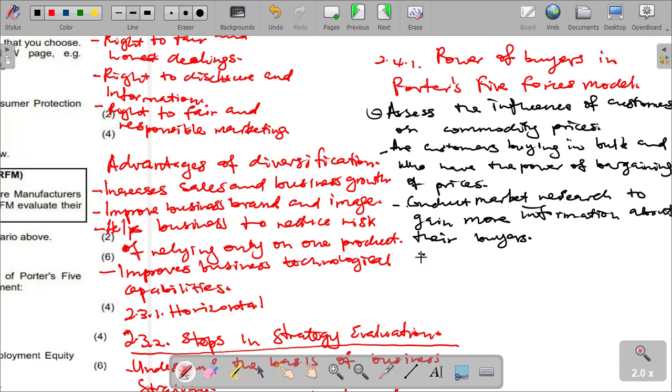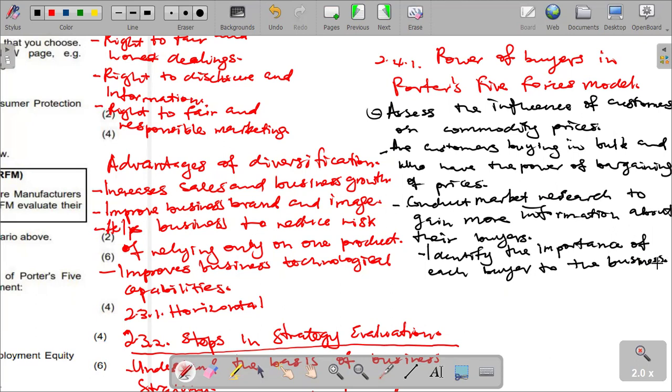We can also talk about what else can be done: determine the number of buyers, or identify the importance of each buyer to the business.